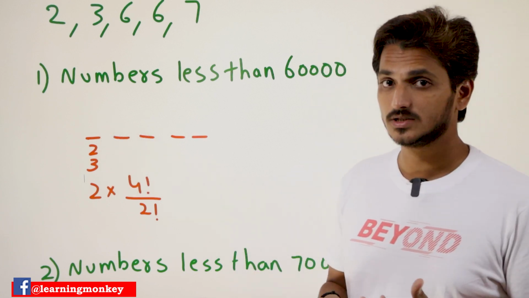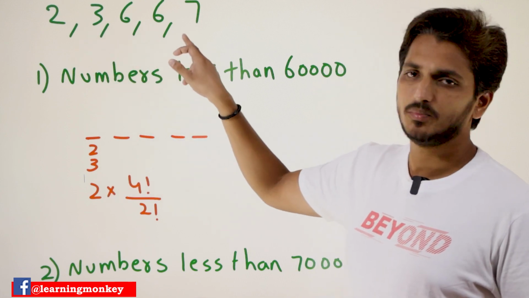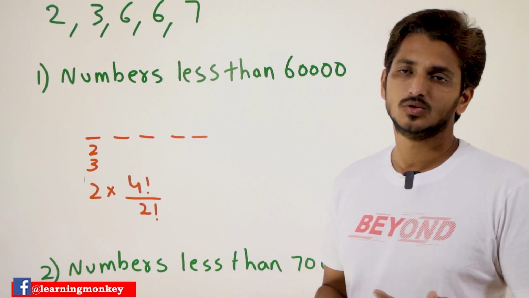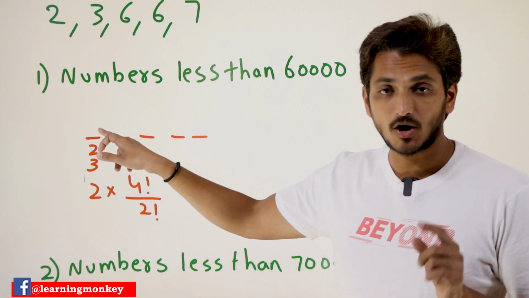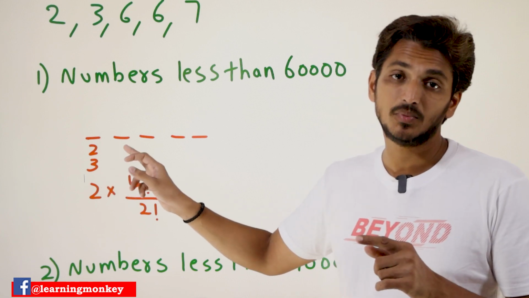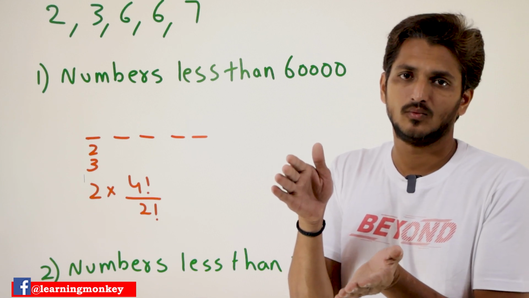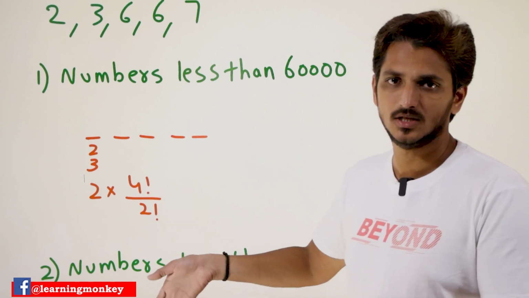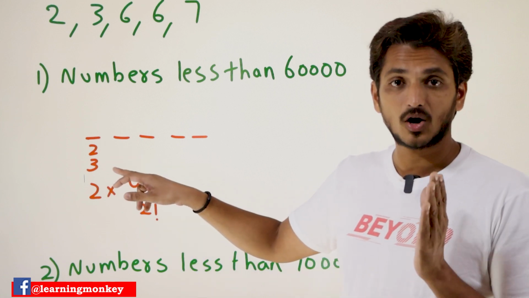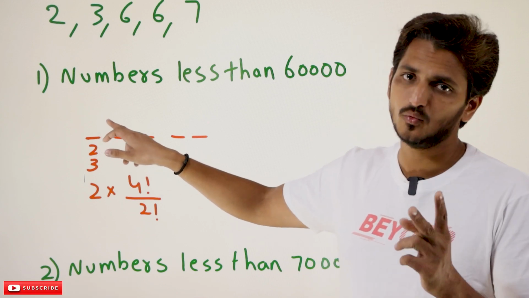One thing you have to understand here: 2 is not repeated, 3 is not repeated, so repetition is not there. In order to fill the first position, how many chances are there? 2 chances. If the numbers are repeated, you have to do it separately. We'll get to those examples later in this video. So the first position can be filled in two ways.